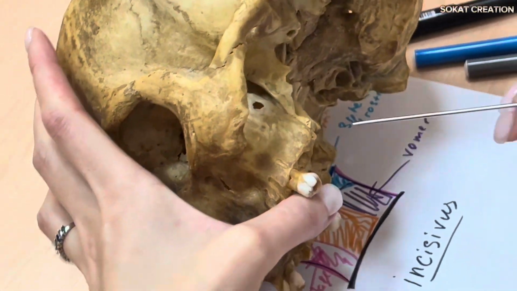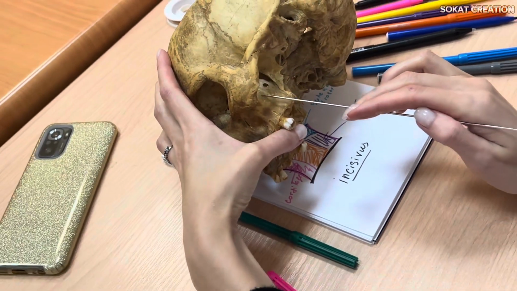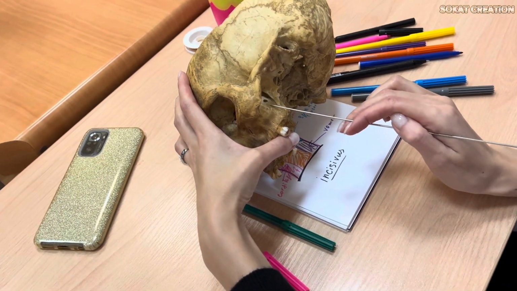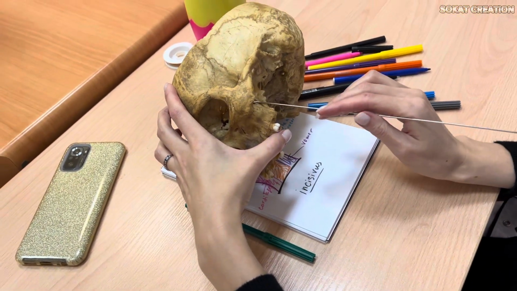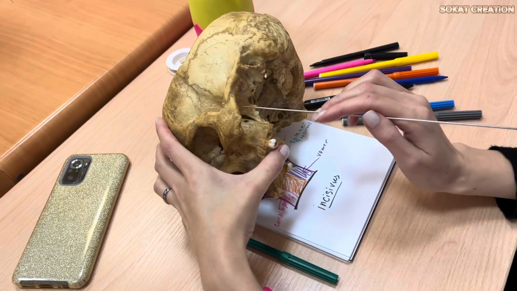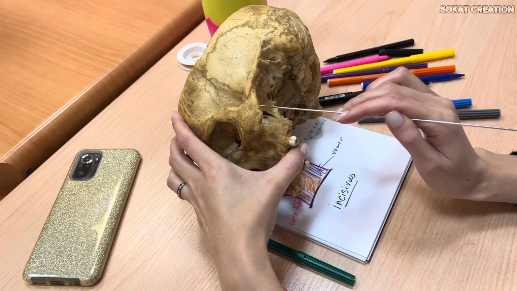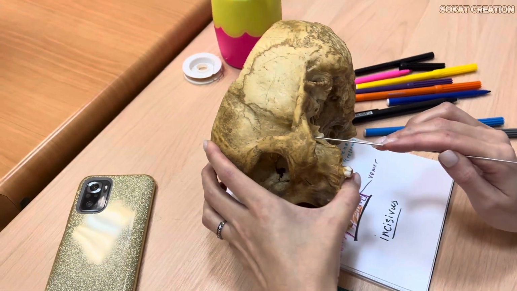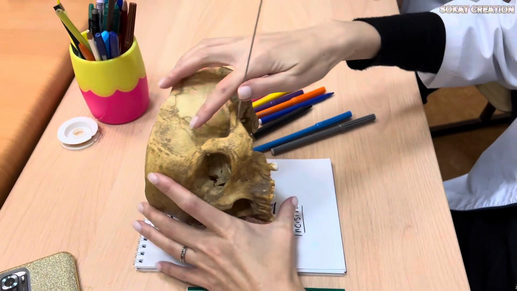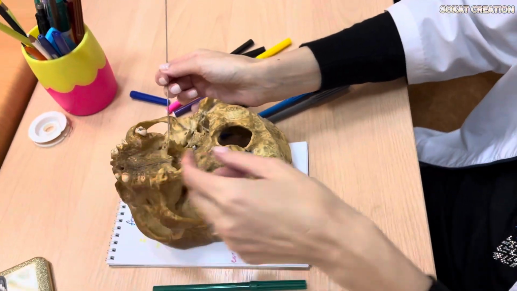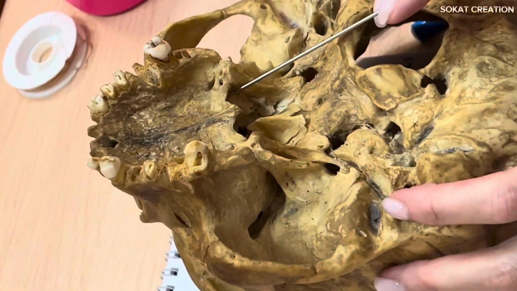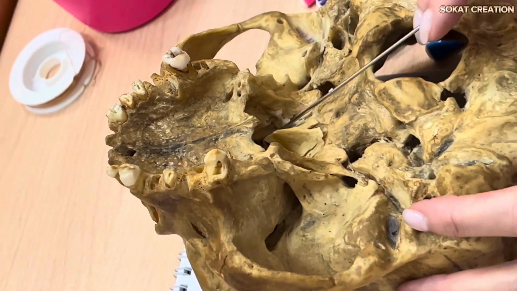And it has three walls. The anterior wall is the maxilla. Posterior wall is the pterygoid process. The superior wall is the greater wings of the sphenoid bone. And the medial wall is the vertical part of the palatine bone.